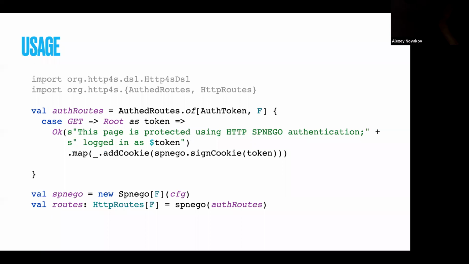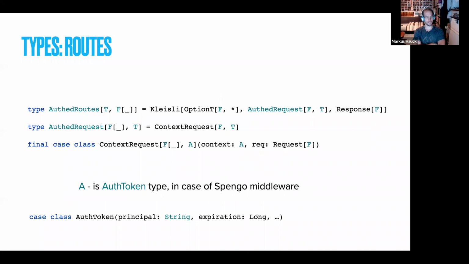And if you now go back to the next slide, the first parameter is AuthToken. So in the end, we have a function from an AuthedRequest, which is a ContextRequest of an effect and our AuthToken. That's the argument to our function, and the result is an OptionT over a generic effect F that returns a response.